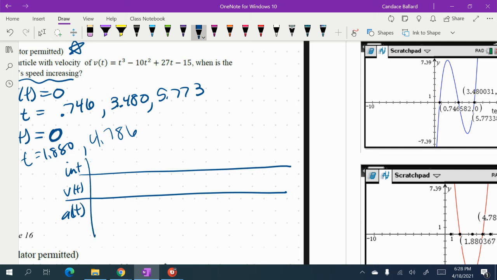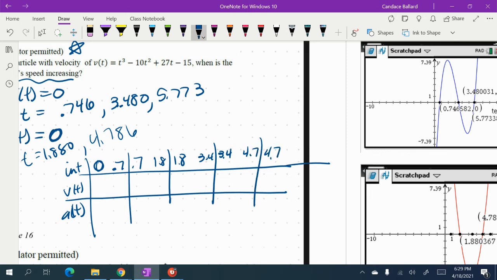So I'm starting at 0, then the first fence is at 0.7, I don't need all those decimals. Then 1.8, then 3.4, and 4.7, and then 5.7 and then to infinity.